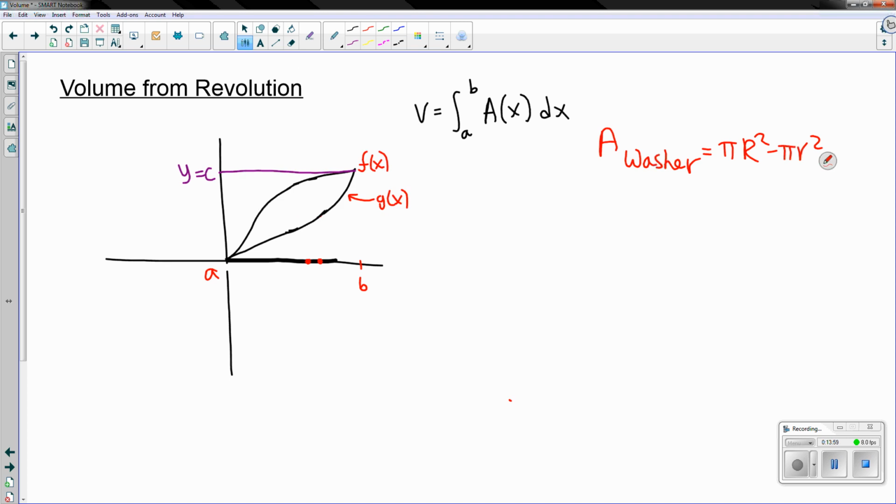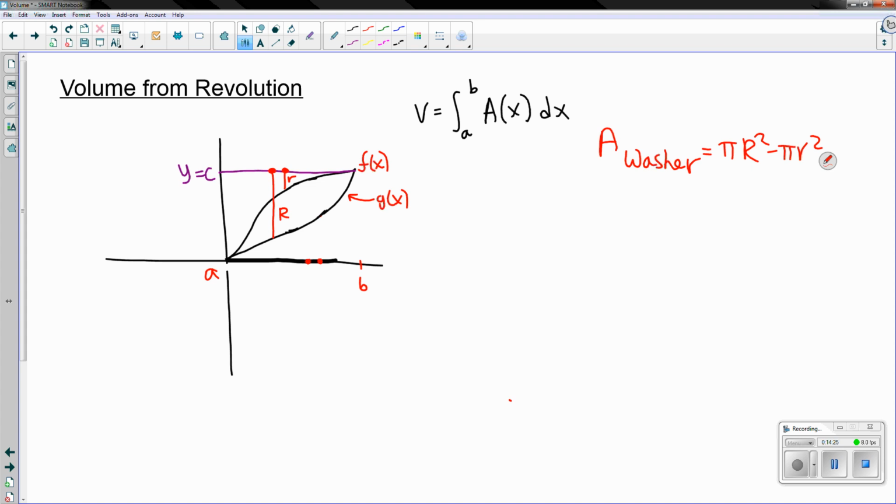It's going to be the distance from the line of rotation, the axis of rotation, to the function that's further away. Okay, so it's not always the top function, it's the one that's furthest away. So this is our capital R, and in this case is your lowercase r. So make sure you understand that perspective when this is happening. So our capital R, the radius of our larger circle of the washer, is from the axis of rotation to the function that is further away.